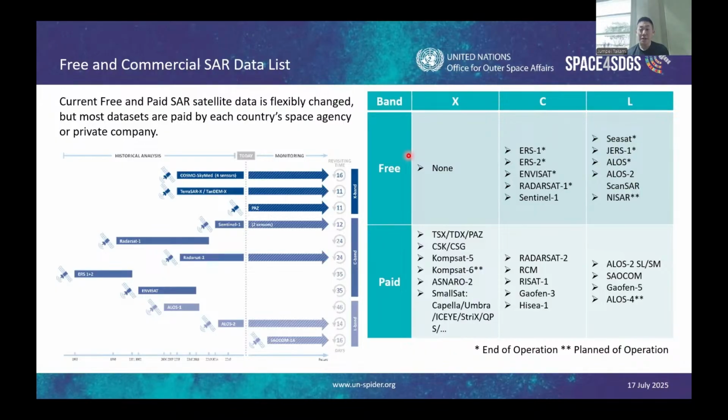And then L-band has longer wavelengths, with more free and open satellite data like JERS-1 and SAOCOM, and hopefully it will be openly published. The paid ones are ALOS-2 sliding spotlight mode and stripmap mode, and then SAOCOM, and ALOS-4, recently launched. It's going to be paid, but it's a very great one.